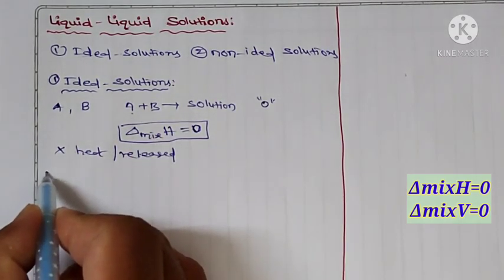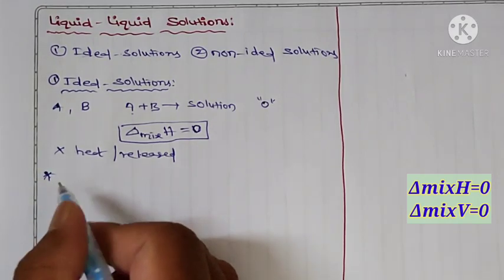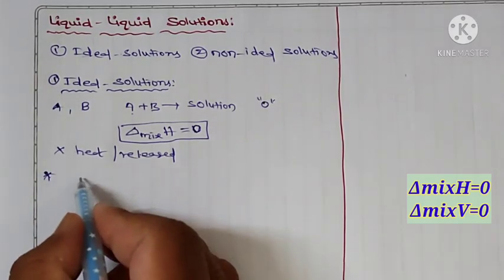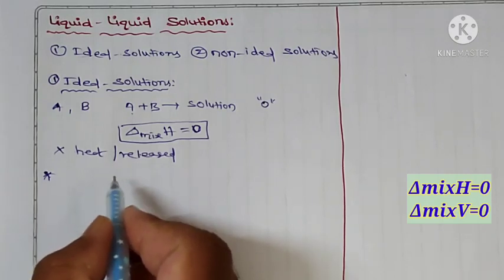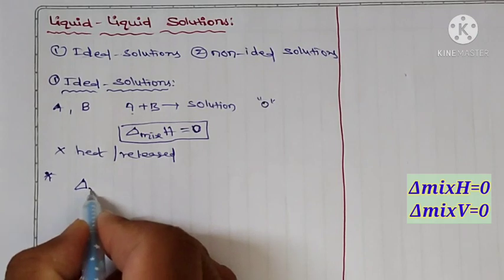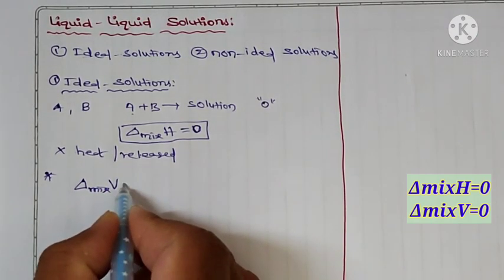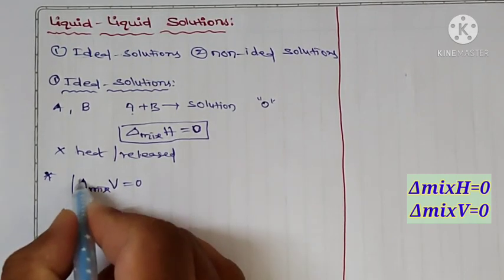And come to the volume. The volume of solution will be equal to the sum of volumes of the two pure components. So here delta mix V is equal to 0.